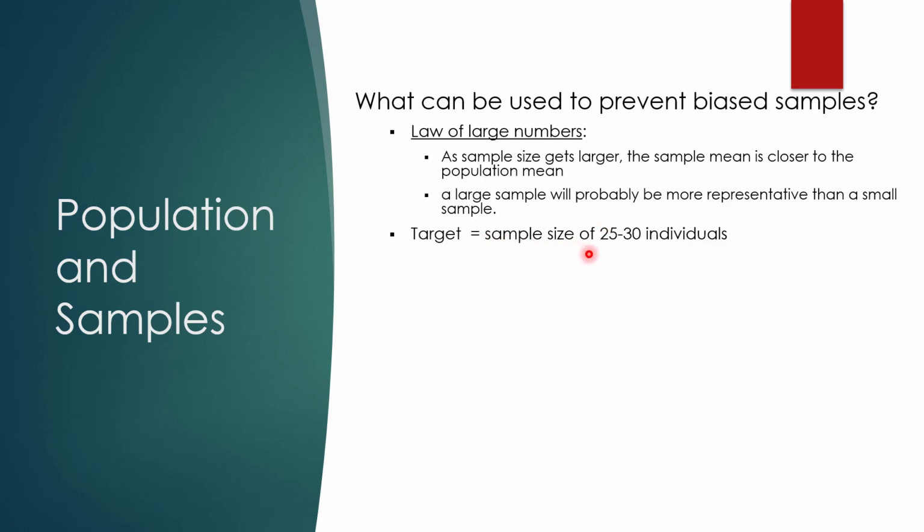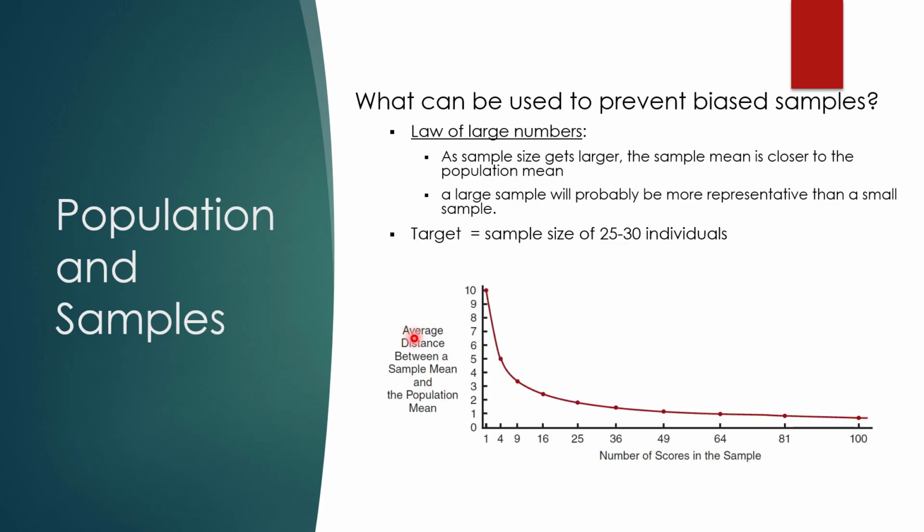Our target sample size is around 25 to 30 individuals. That's because it's been shown that the average difference between a sample mean and a population mean decreases. That's the difference between the sample mean and the population mean decreases as the sample gets larger. But if you notice here, it's kind of exponentially increasing until we get to around 25 participants.